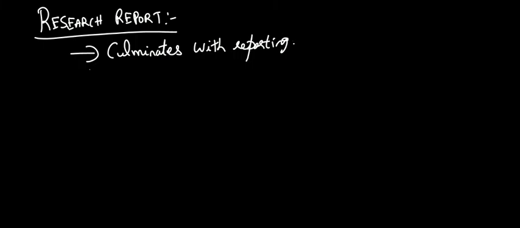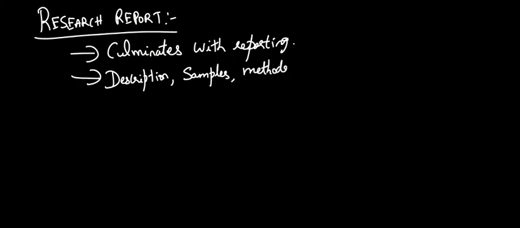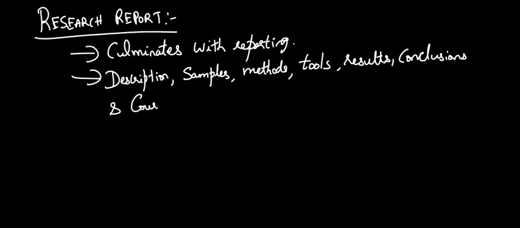And it includes all info like a description of the research process, the samples taken, the methods used, the statistical tools used, results, conclusions, and also the recommended courses of action. The report contains everything.